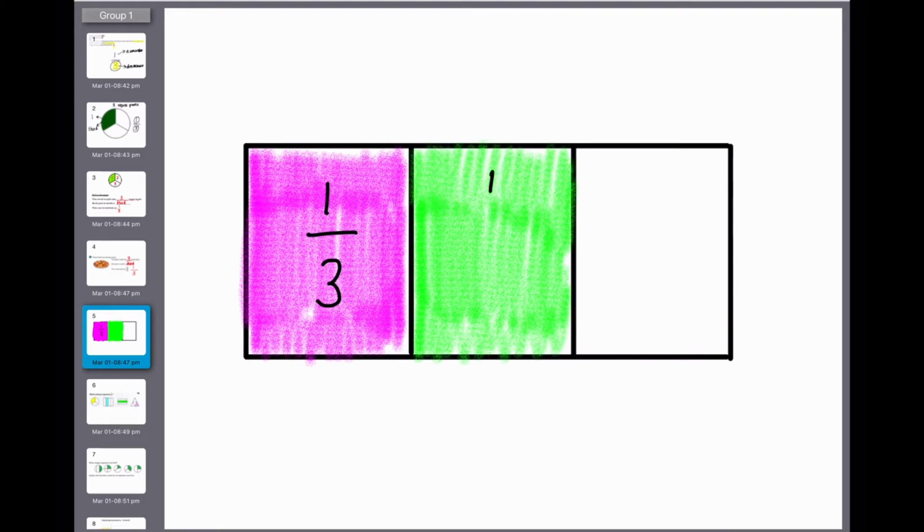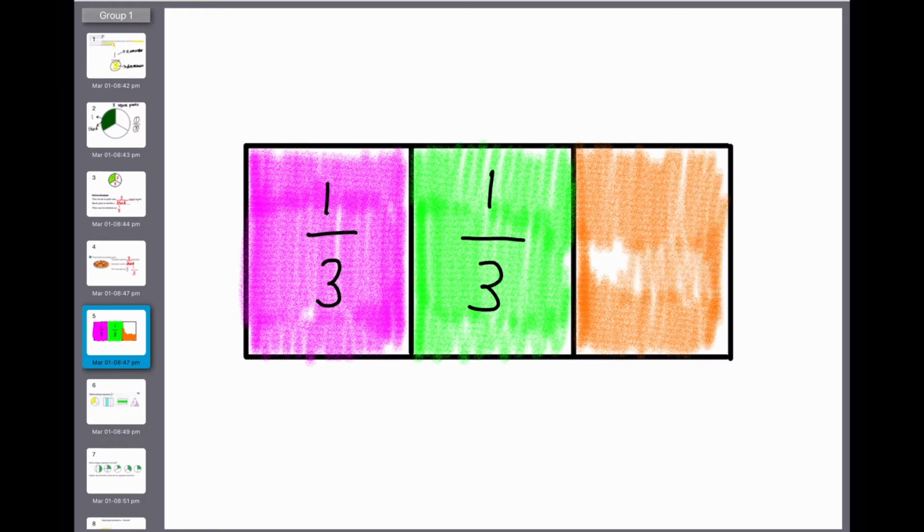Because that's also a third. You could have shaded in this part of my shape. That's also a third. So as long as you have one of my thirds shaded in, you would be correct.